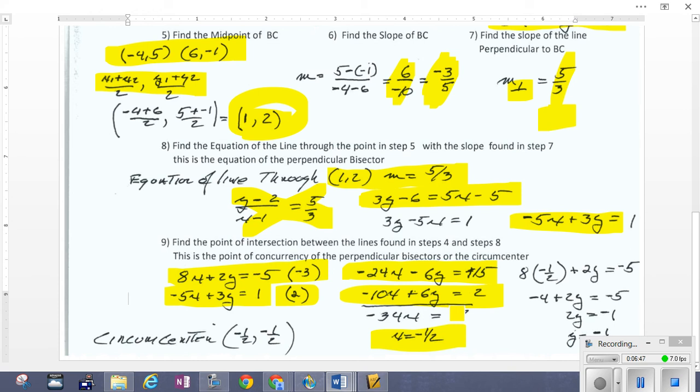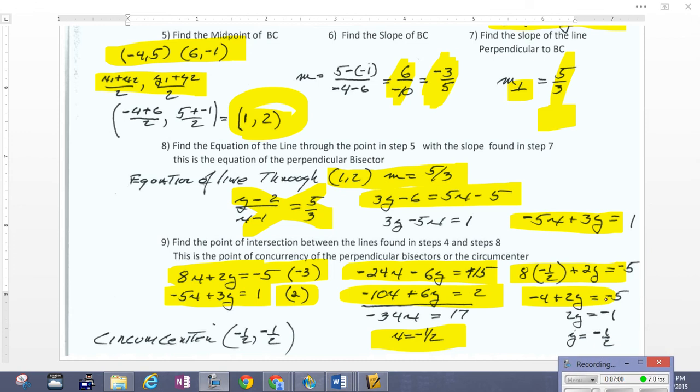Throwing the x value back into any one of the original equations, I went back into here because the half times 8 would come out nicely, and I found the y coordinate is negative 1/2 as well. So therefore, the circumcenter is at (-1/2, -1/2).